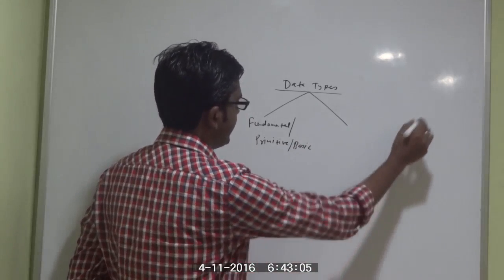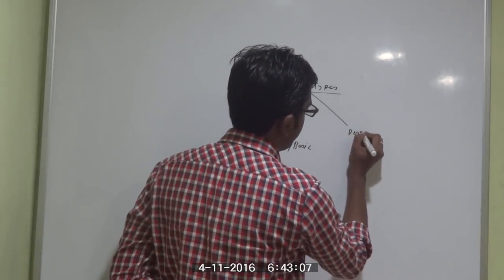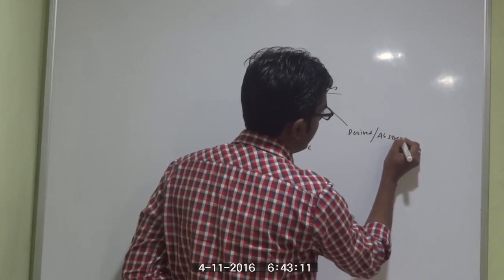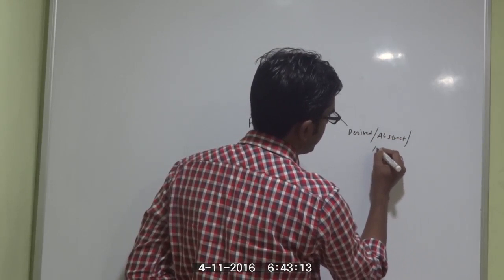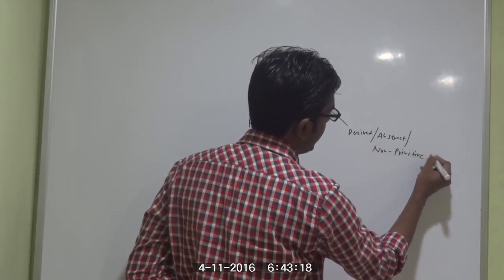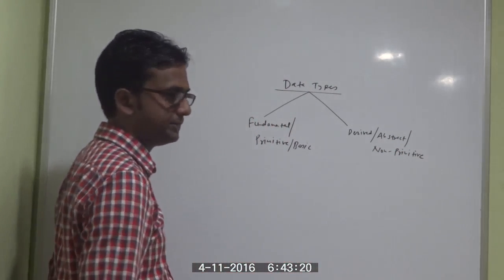And the second category is called derived, or abstract, or it is also called non-primitive. These are the two categories of the data types.